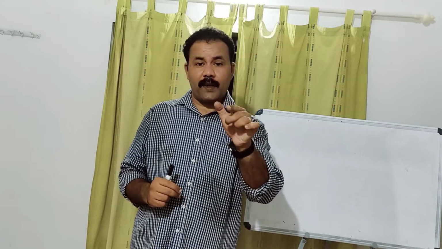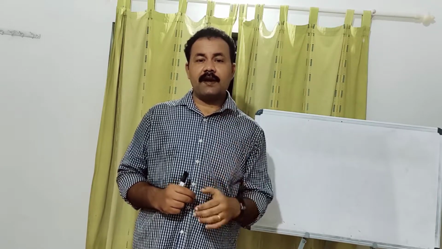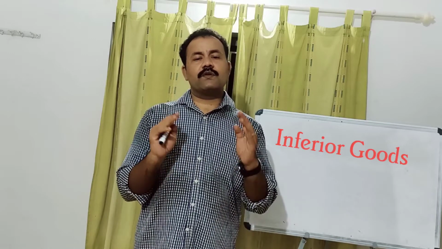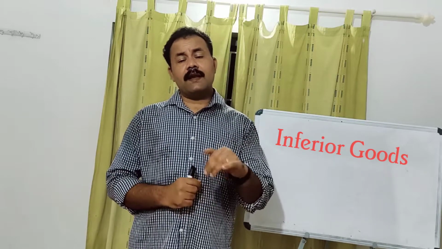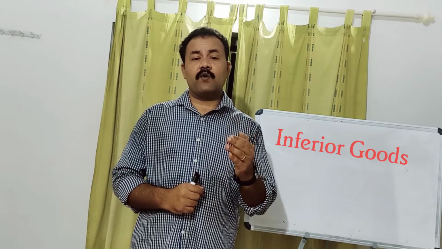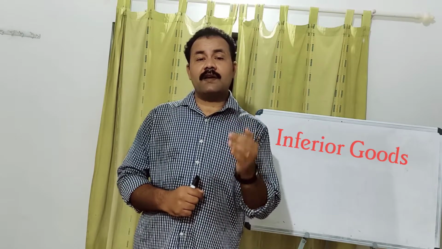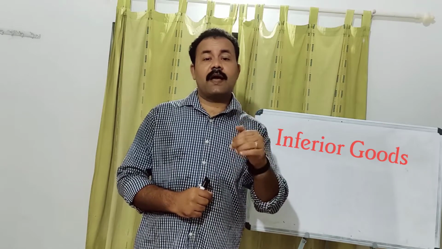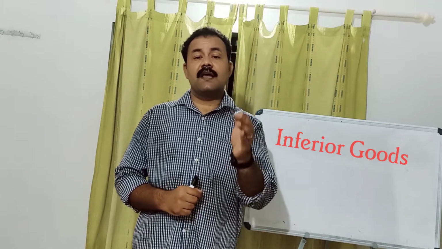The next topic is inferior goods. Inferior goods are those goods for which, when the income of the consumer increases, the demand for these commodities decreases, and when the income of the consumer decreases, demand for these commodities increases.